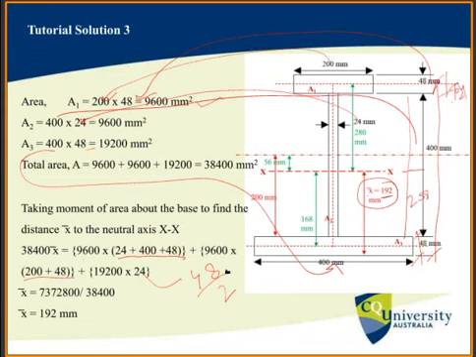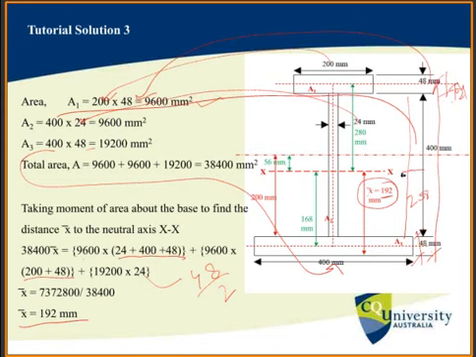Is this line clear to you? After calculating this equation, we got the value of x bar equal to 192 millimeter. So we got the distance of the neutral axis to the base, 192.